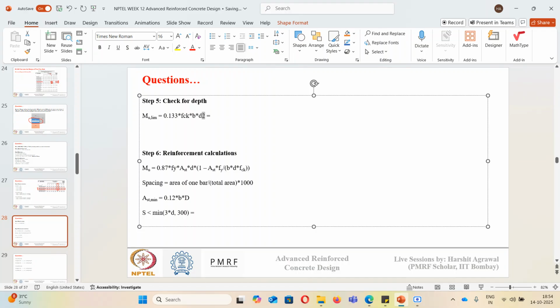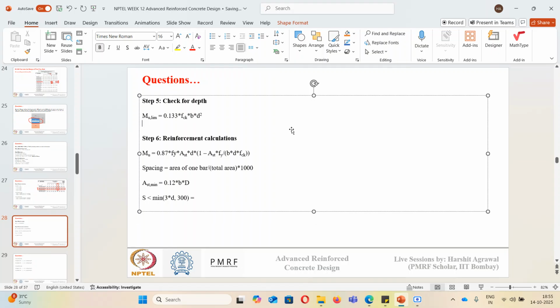Mu limiting we can get from the code. From this you can do the check for the required minimum depth, and then we will do the reinforcement detailing.